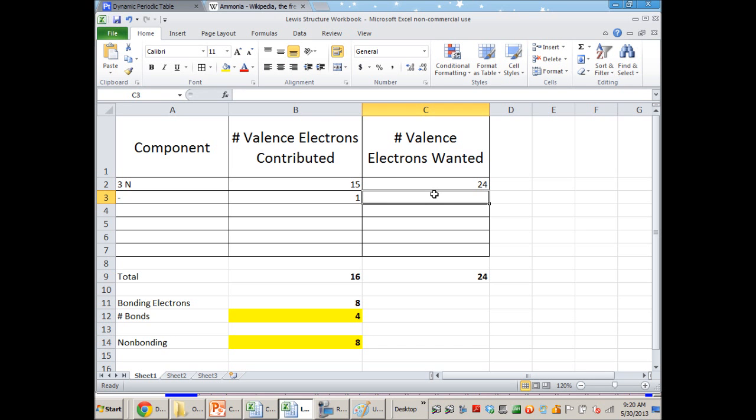So overall that's being surrounded by 24 total. So if you have 16 electrons and you want to get to 24 counted through bonding, what you're going to have to do is include 8 of those electrons in bonds, which means that the number of bonds that you need to have are 4, and we should have 8 non-bonding electrons. Let's check this out.